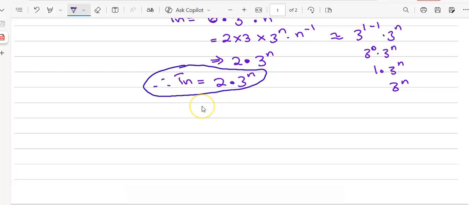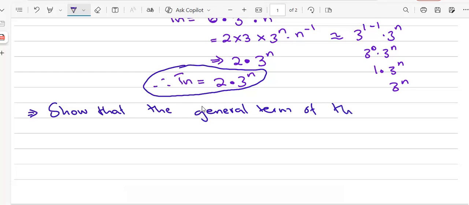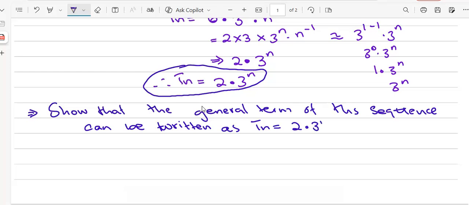In an exam, they'll say, show that the general term of this sequence can be written as Tn is equal to 2 times 3 to the power n.